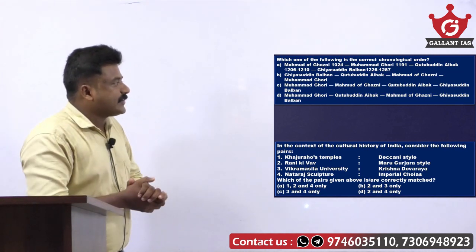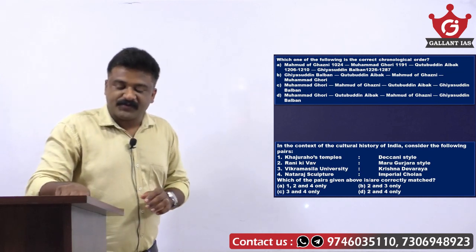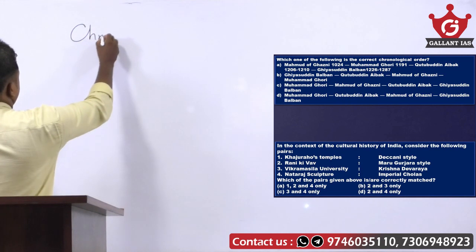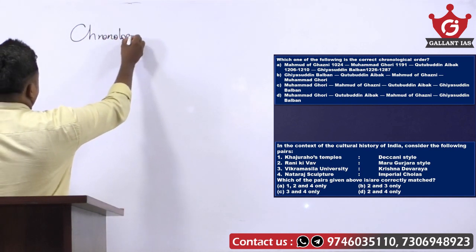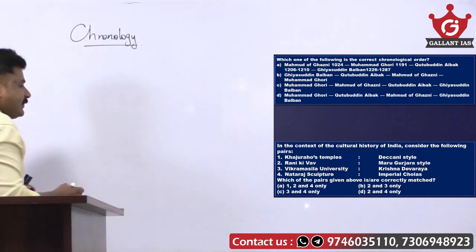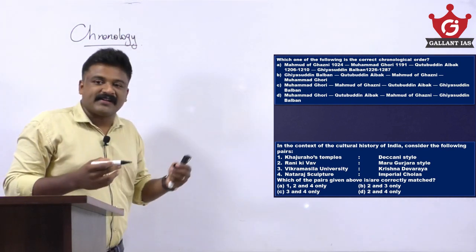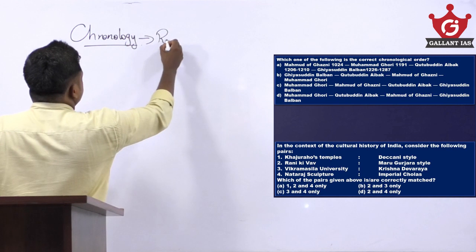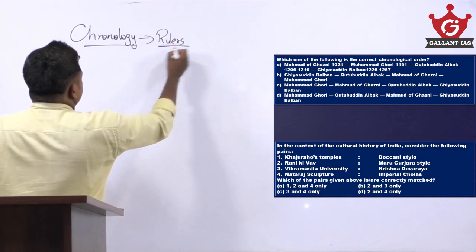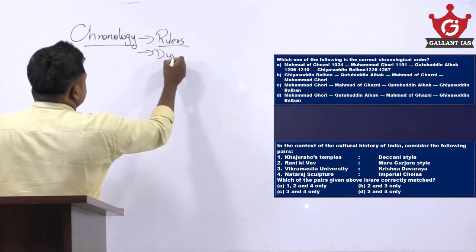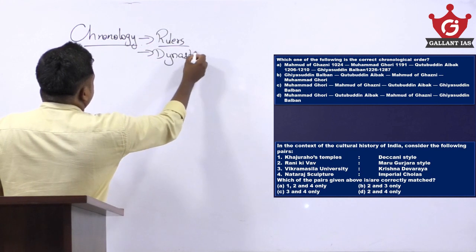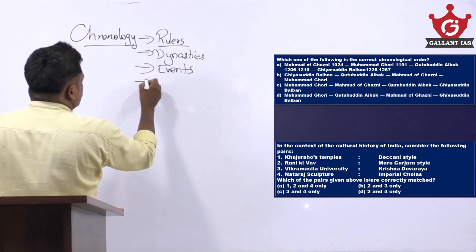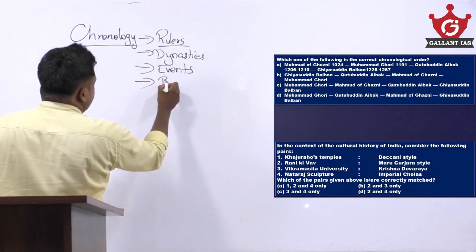Which one of the following is the correct chronological order? So please take care of chronology-based questions. UPSC from medieval India, at frequent intervals, asks this type of questions: chronology of rulers, chronology of ruling dynasties, or major events, or chronology of historical battles.